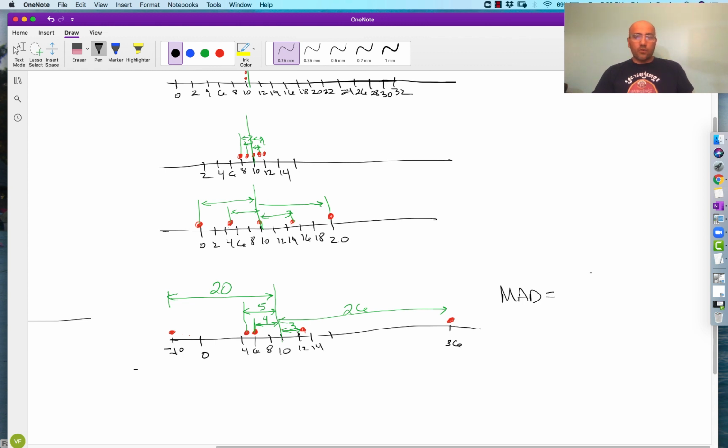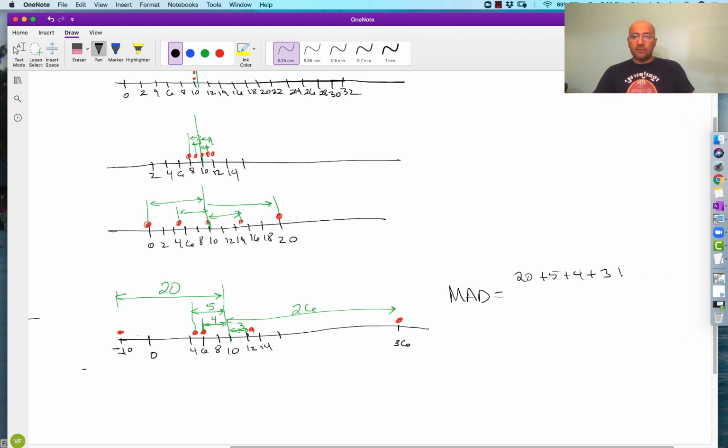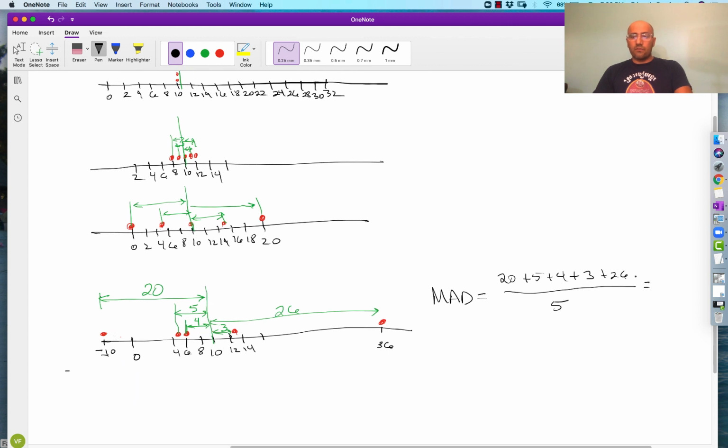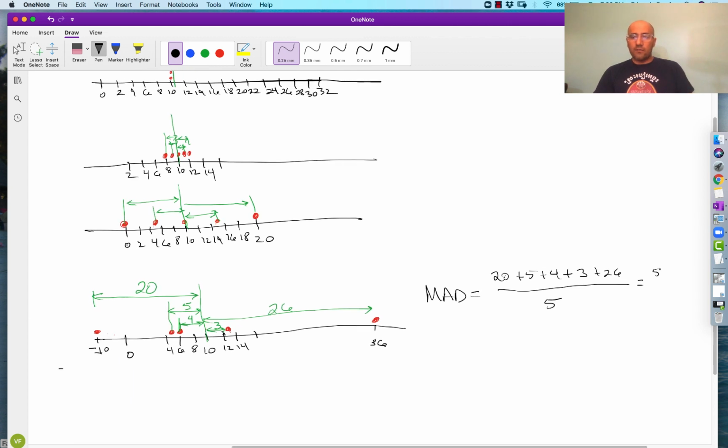So it's going to be equal to 20 plus the 5 plus the 4 plus the 3 plus the 26. Add those values together and divide by 5. And I get 25, 29, 32, 58. Divide that by 5.